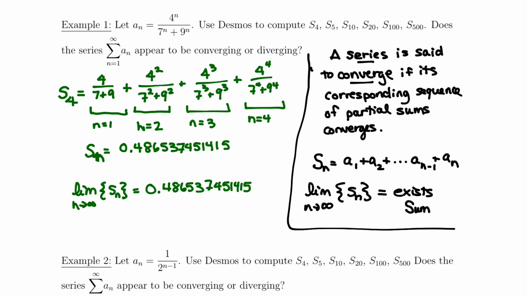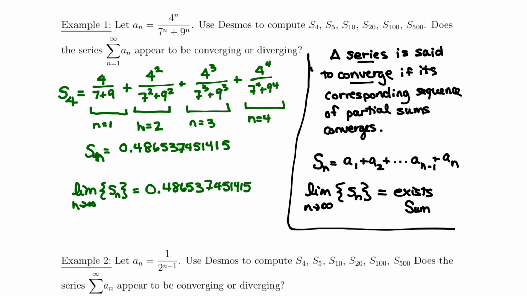Now, of course, Desmos has limitations. This actually would have more digits at the back end, but this is where it's heading. It's heading to a number like this, and then other stuff at the end of it. But it's heading to a finite number. So we would say that this is the prediction for the sum of that series.